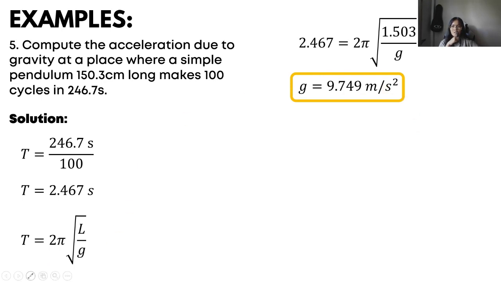Okay? Yung 150.3 cm, kinonvert lang ng meters. Okay? Kaya siya naging 1.502. So, matitirang units ay seconds, and then meters. Kaya naging meter per second squared.